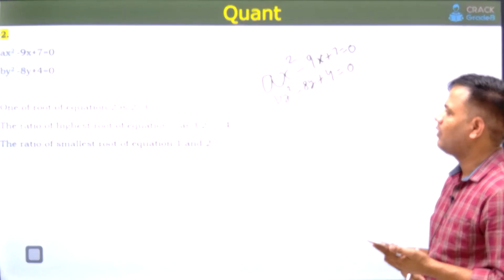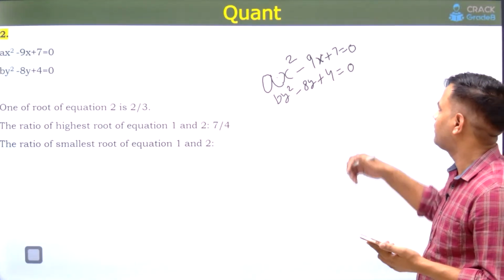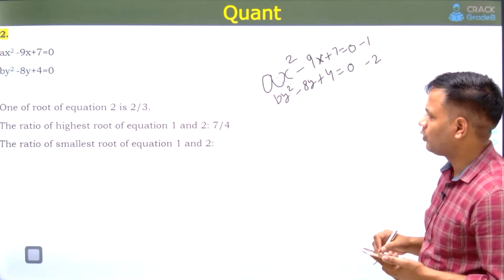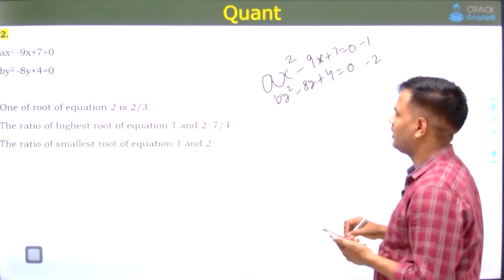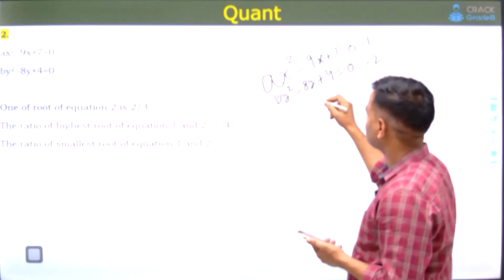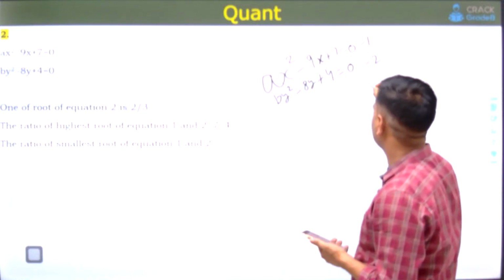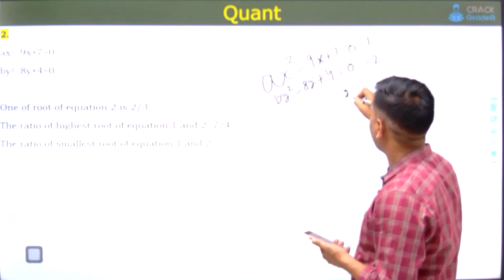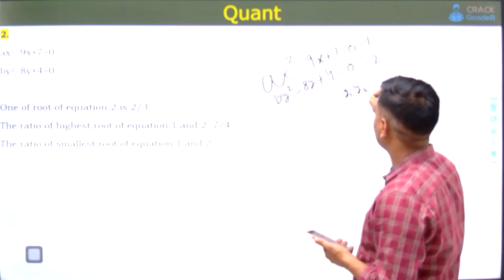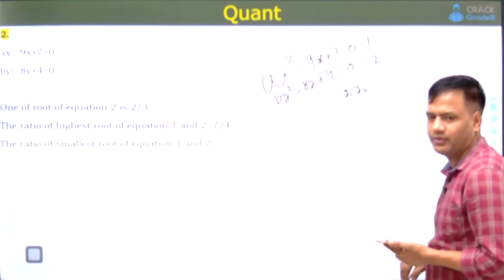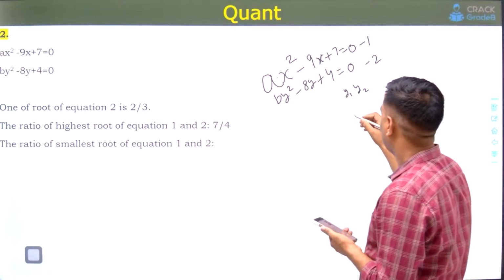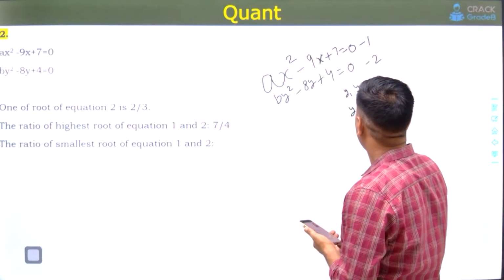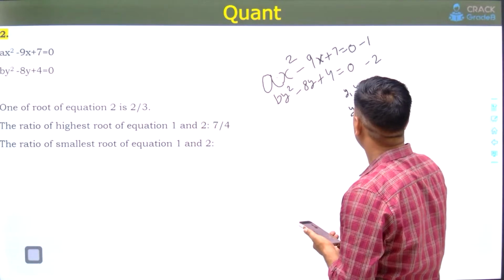We will start. The first equation was this, equation 2 was this. So one root of equation 2 is 2 by 3. Suppose y1 and y2 are the two roots of this equation. So you know what is the multiplication of roots?